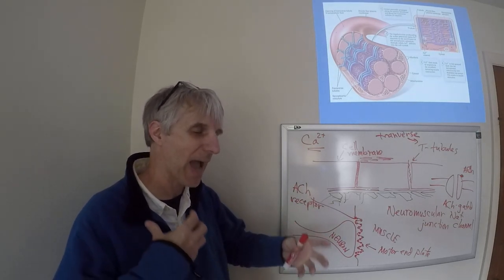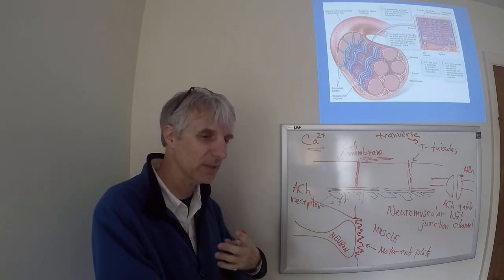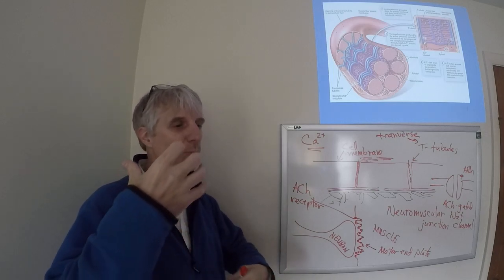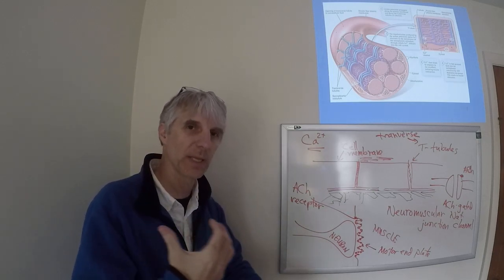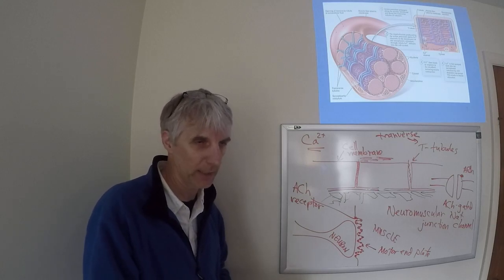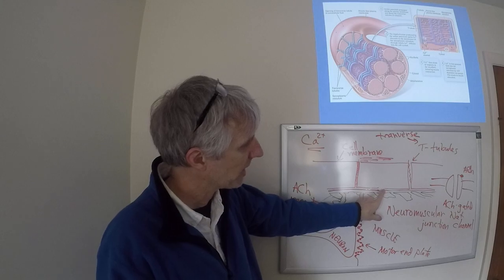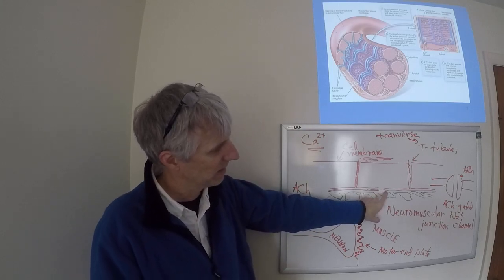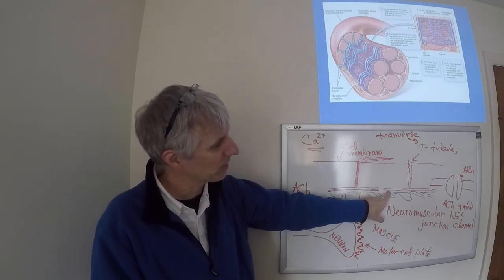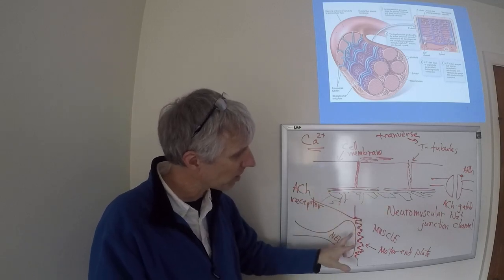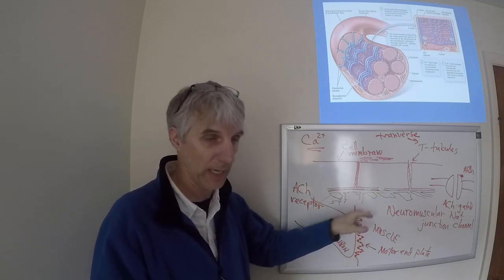As that action potential spreads along the T tubules, we disrupt the resting potential of the T tubule membrane. And when we disrupt it enough, we affect the resting potential of the sarcoplasmic reticulum membrane.